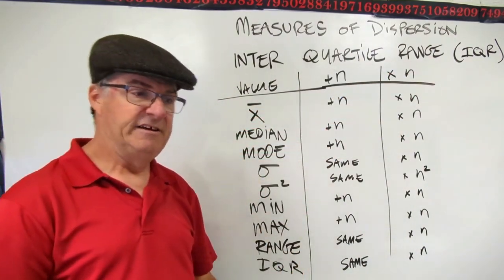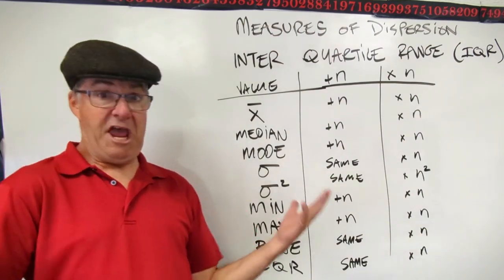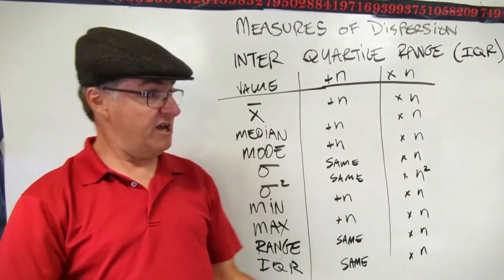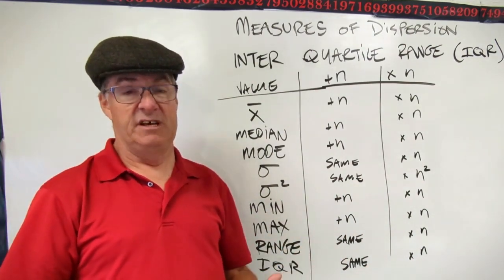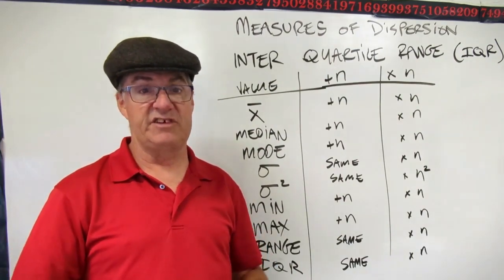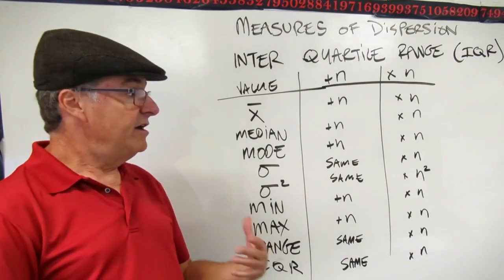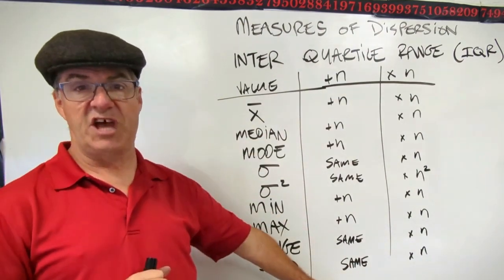Now, you might be asking, great, you did a bunch of math there and we found some relationships. How am I going to use this? So what you're going to see in the exercises and on the tests and quizzes is some questions where you're going to need to use this information to answer them.